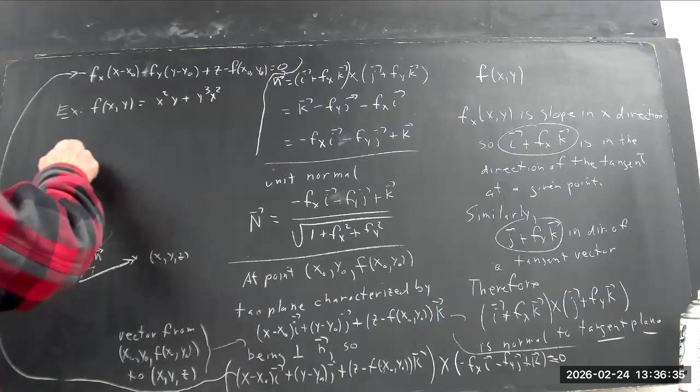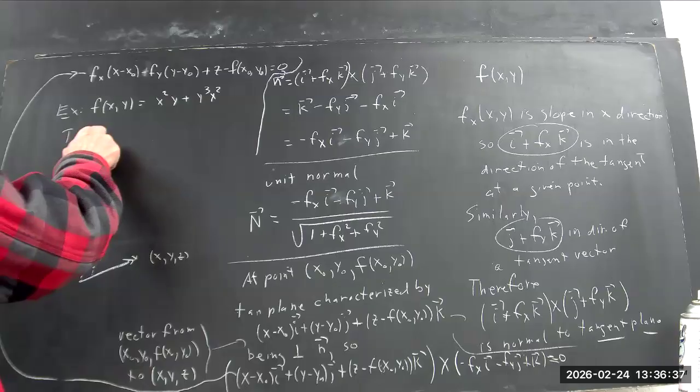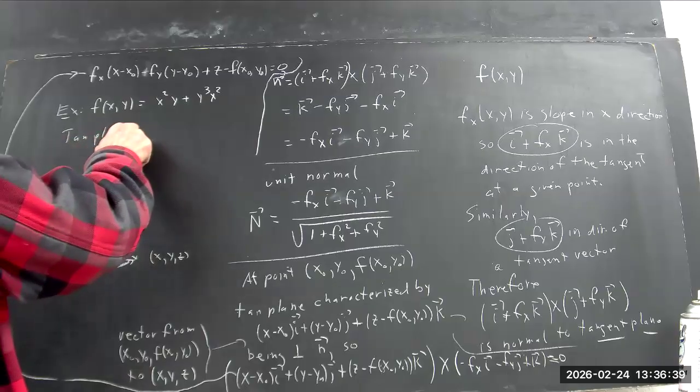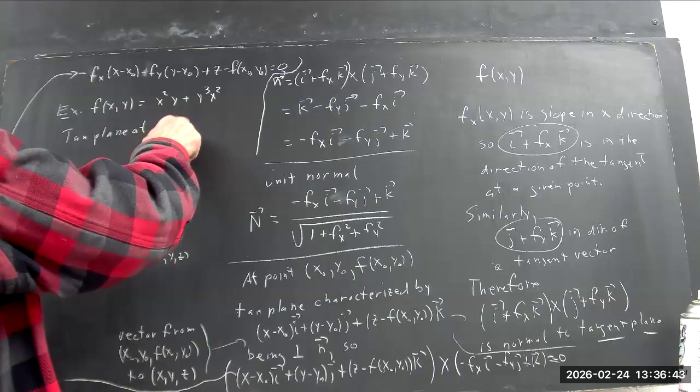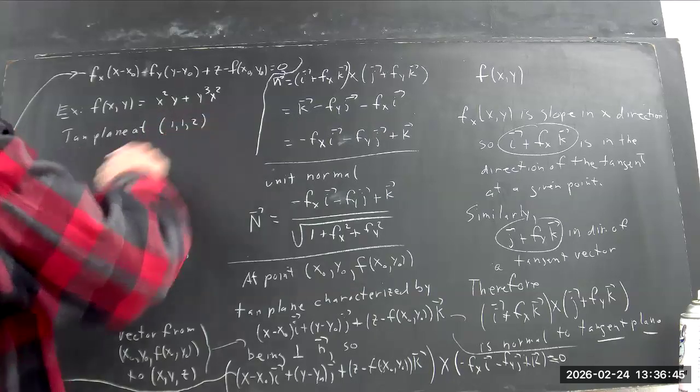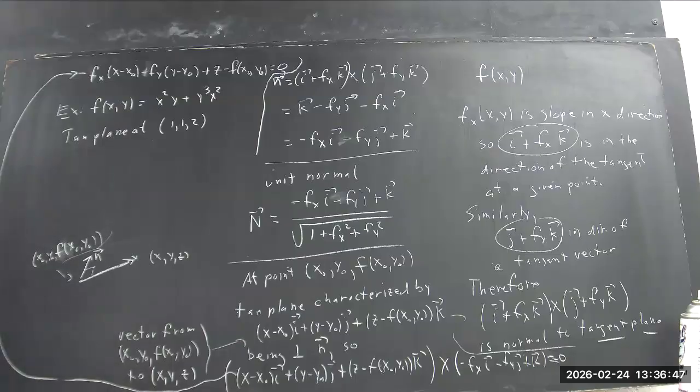Find the tangent plane at the point 1, 1, 2. Spring is sort of hitting me, so I'm keeping the numbers as simple as I can.